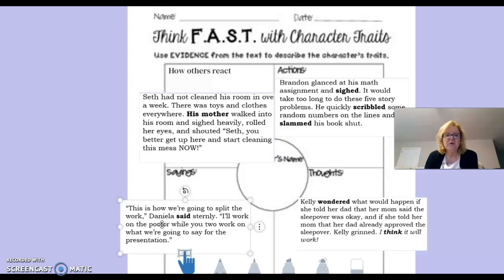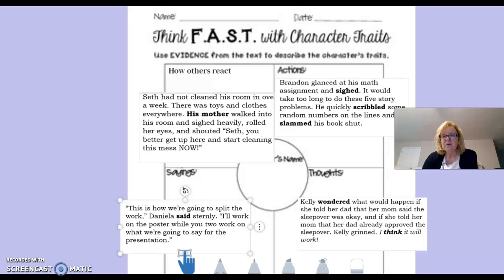I'll work on the poster while you two work on what we're going to say for the presentation. Those things she said, especially since she said them sternly, make me think maybe she's a little bossy. So we can determine things about a character based on how others react to them, what things they do, their actions, what they say, and what they are thinking or wondering.